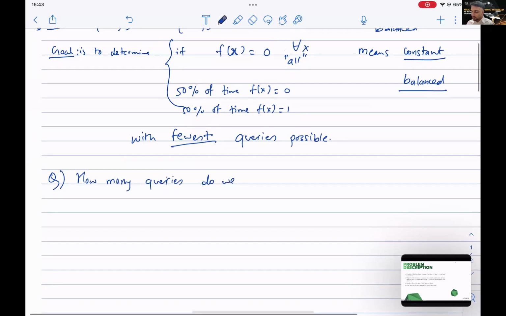So the question I want to ask you is, how many queries do we need to solve this? Someone says 2. Okay, that's a nice guess.